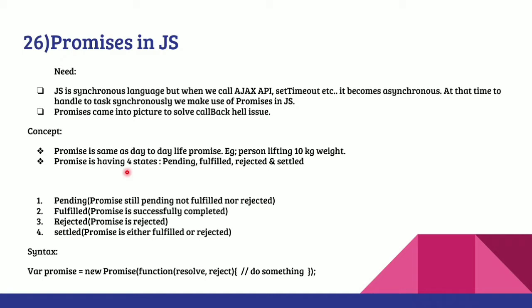As we have understood the concept of promises, it's time to see the syntax. Whenever we write a promise, we write const promise equal to new Promise, and in the new Promise we write a function with resolve and reject, and then some code to execute that particular task. Let's understand this syntax with an example.